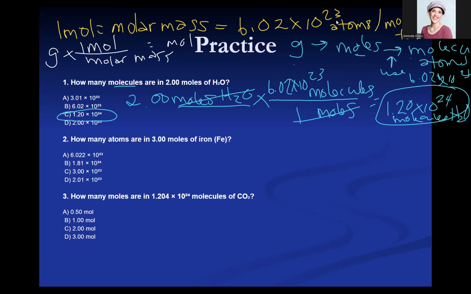2, how many atoms are in 3 moles of iron? We have our 3 moles of iron. We can go straight from moles to atoms, just like here. So times, I want atoms, so atoms go on top. Moles go on the bottom. 6.02 times 10 to the 23rd.